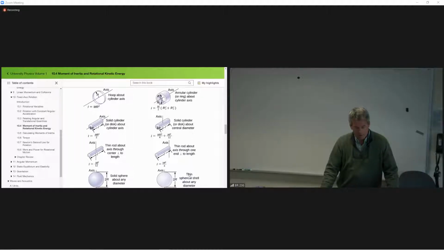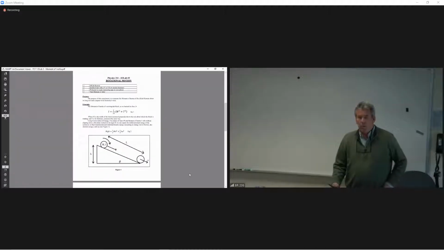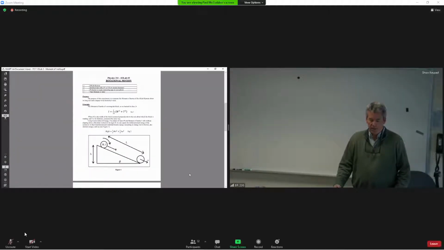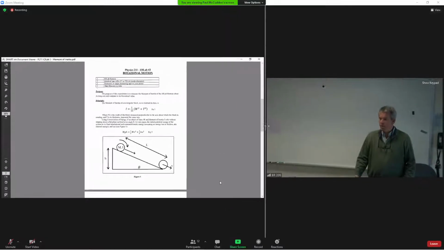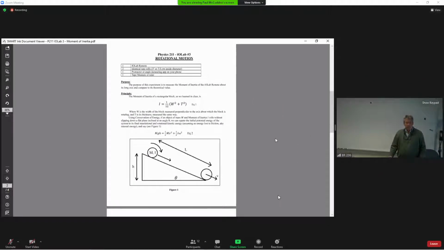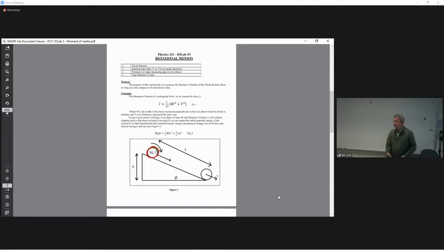Let's go back to sharing the prediction sheet now. We're going to apply conservation of energy to this contraption of an iOLab stuck between two rolls of tape. Conservation of energy means that the iOLab tape roll combo, if we put it on our inclined plane, is going to roll down a height h and trade its potential energy for its kinetic energy.